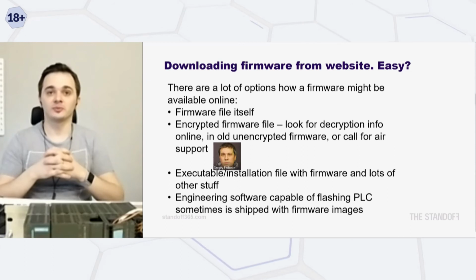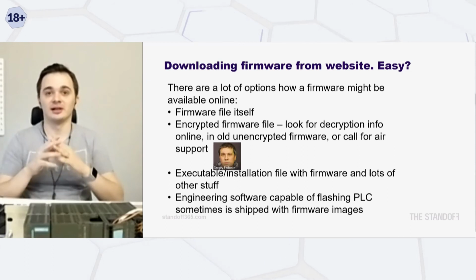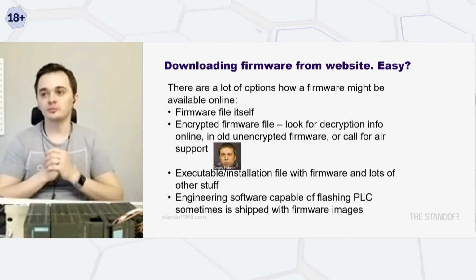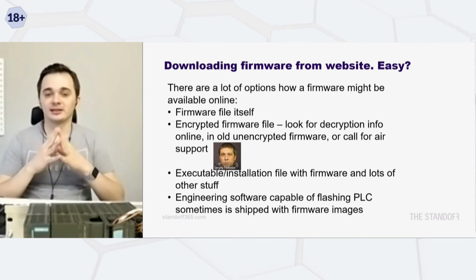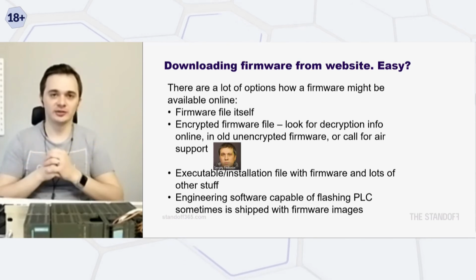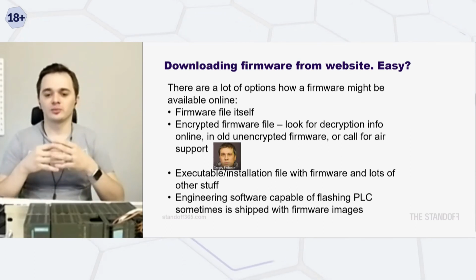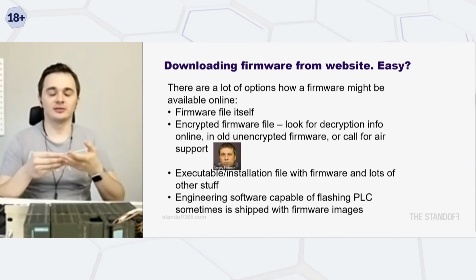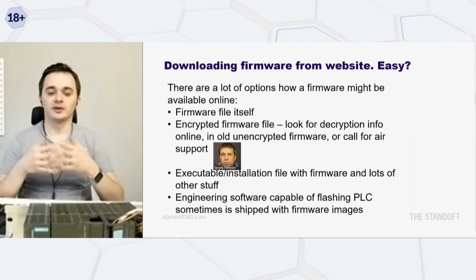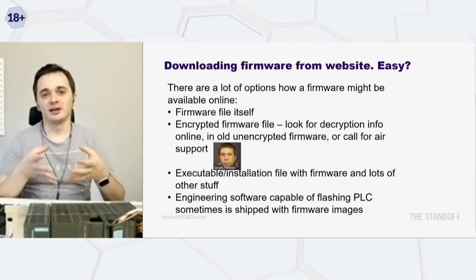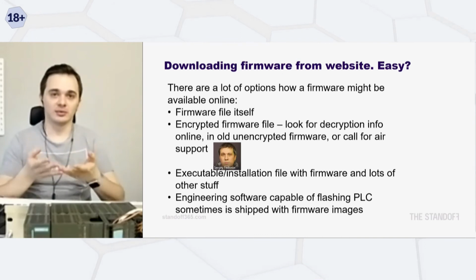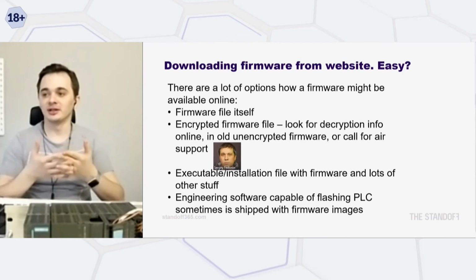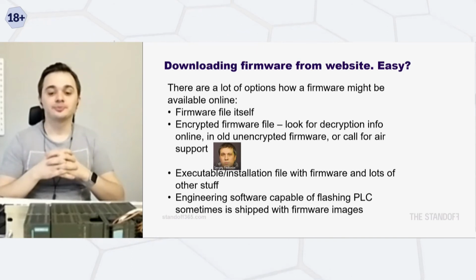There is another trick, which is also tricky, but again, you can do it if you have a completely encrypted firmware file. We'll see what this trick is a bit later, but now let's go back to the current slide. You may have an executable or an installation file with firmware on the website. You don't have the actual firmware file, you only have the installation file, and that means you will have to apply an extra effort to get hold of the firmware file out of the executable or installation file.